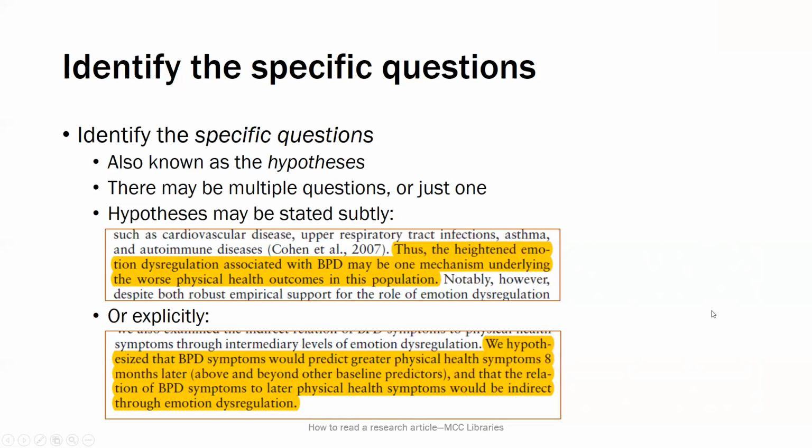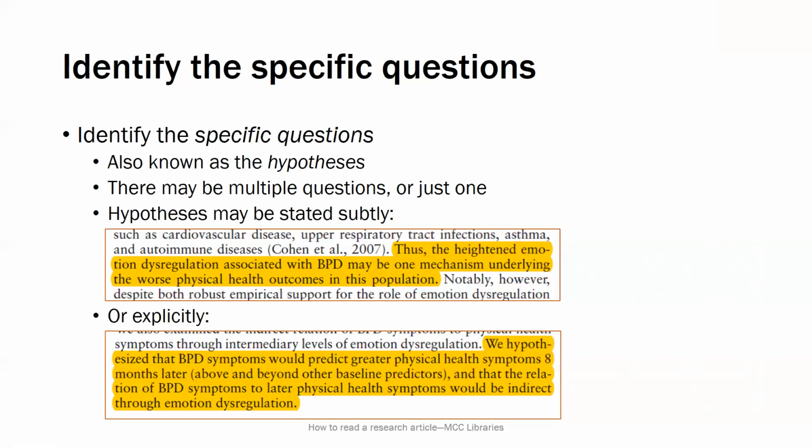So we've identified the big question. We have summarized the background information. And then the next thing we want to do is identify the specific question. A lot of times it is the hypothesis. So this is the very narrow focus of what the researchers are going after. Most of the time they will just state it very plainly.